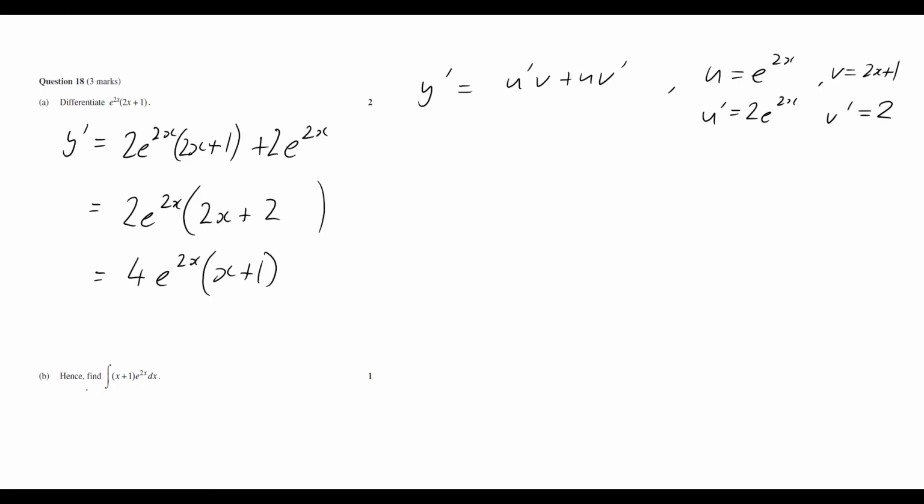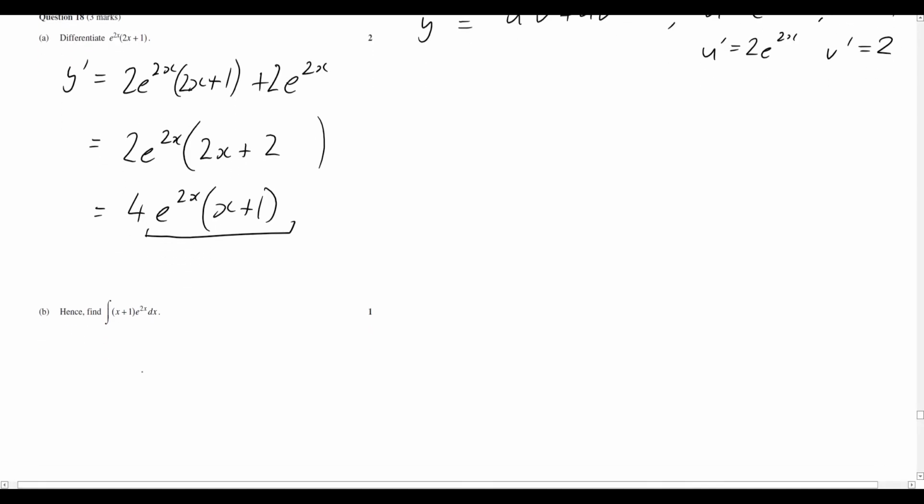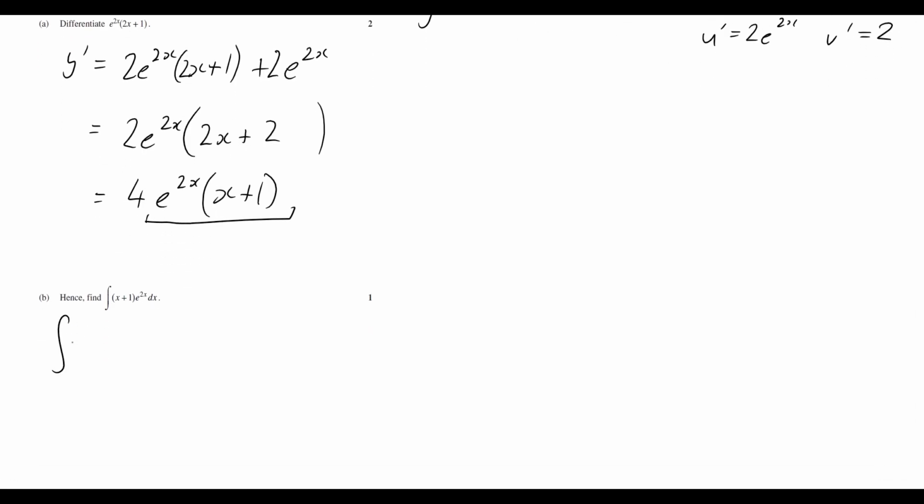Now for part B, it says, hence, find the integral of x plus 1 e to the 2x dx. So that looks very, very familiar to what we've just looked at here. The only difference here now is that there's a factor of 4. So what that means is when we integrate this function here, x plus 1 e to the 2x dx, we need to have a factor of 1 over 4 out the front to cancel that.